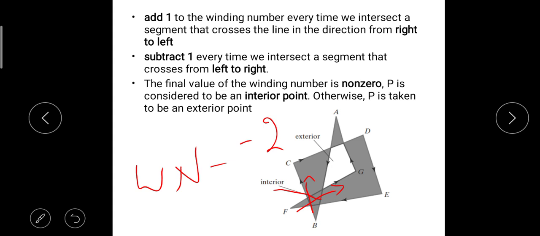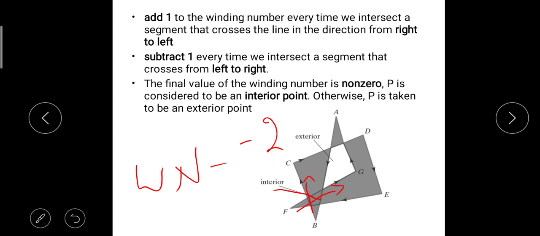As a summary, you draw any reference line from a point P of the polygon, and then see that it does not pass through endpoints of the polygon. After that, you need to check how many lines intersect the reference line, and for those intersecting lines, if the direction is from right to left, then you need to add 1 to the winding number.